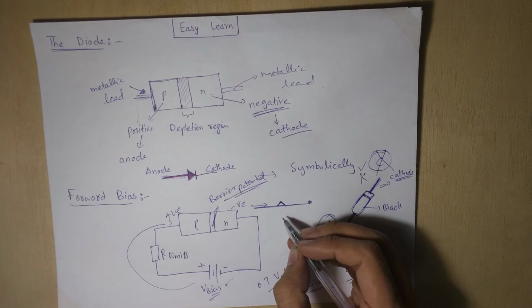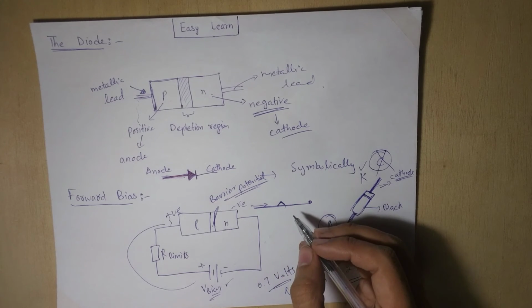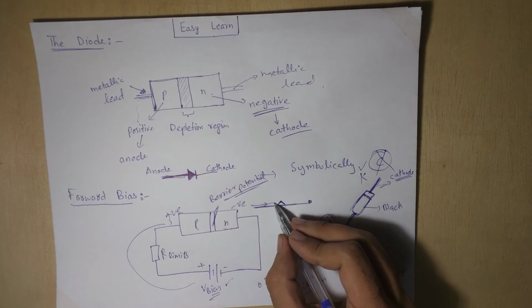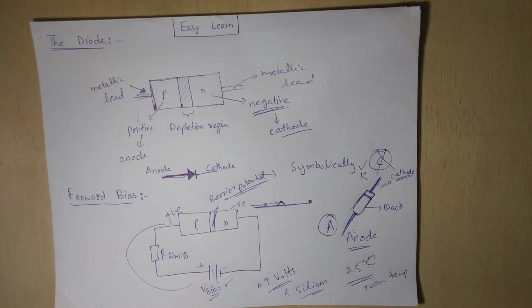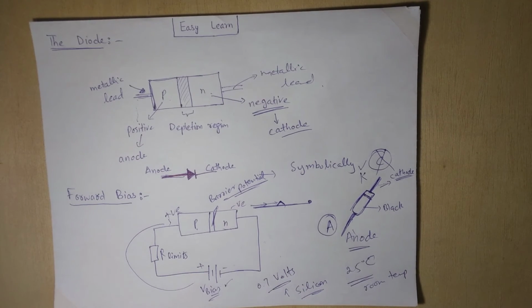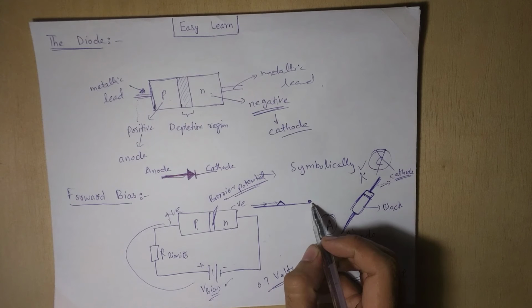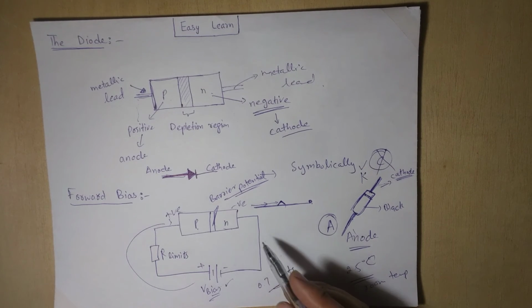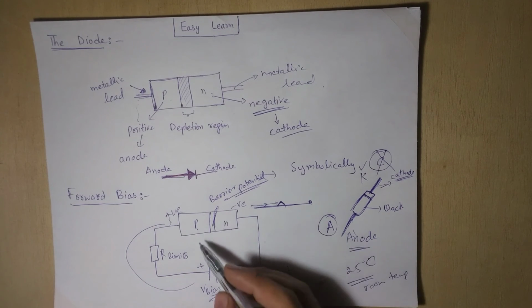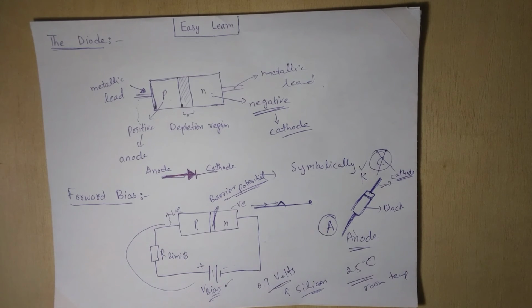If our vehicle has enough power or energy to overcome this bridge, then we will reach the other side. If our vehicle has no ability to overcome this resistance, then we will definitely not reach our destination. The same is the case here: if we are below 0.7 volts, the electrons are not able to cross or jump the barrier potential, and they will not reach the destination.